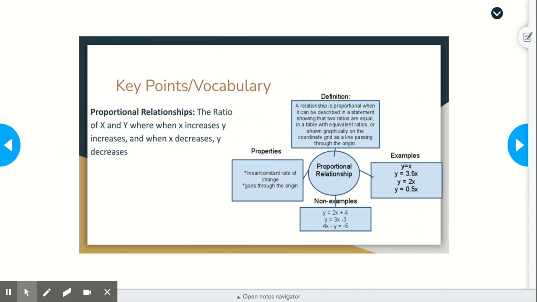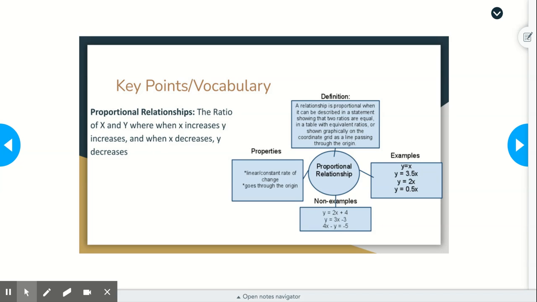The new key point for today, and where we're going in the Unit 2.5 lesson number 2 on Wednesday, is the ratio of x and y, where when x increases, y increases, and when x decreases, y decreases. This is the definition for proportional relationships.